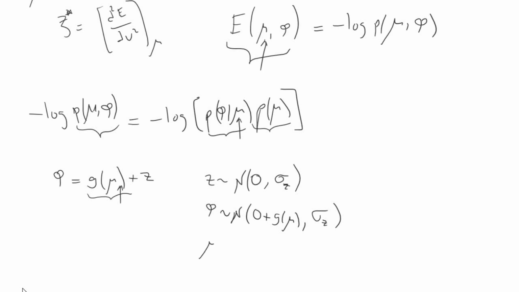We're also going to assume that mu itself is normally distributed, and it's going to have a mean of mu bar and a variance of sigma w. So we're going to assume that mu is generated via the following process. It has some mean value and some noise w that's Gaussian and centered around 0.